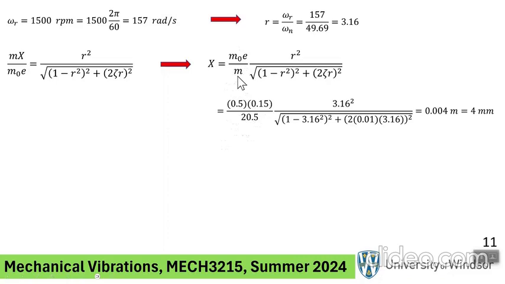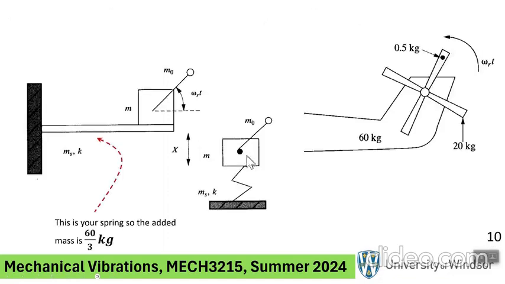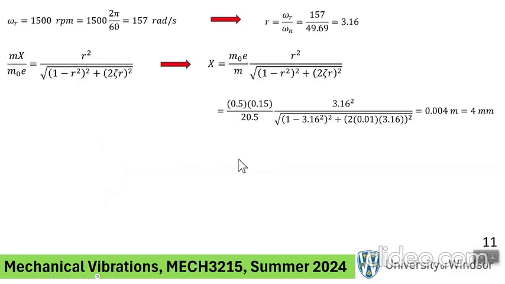Remember, don't include the mass of the spring in here, because the thing that's going up and down is that block. We are not looking at the spring. The spring is outside of that mass. Just look at the diagram here. The spring is out here. The thing that goes up and down is this M. All right. And then everything else you plug in, you get 4 millimeters. This is the answer to part A.